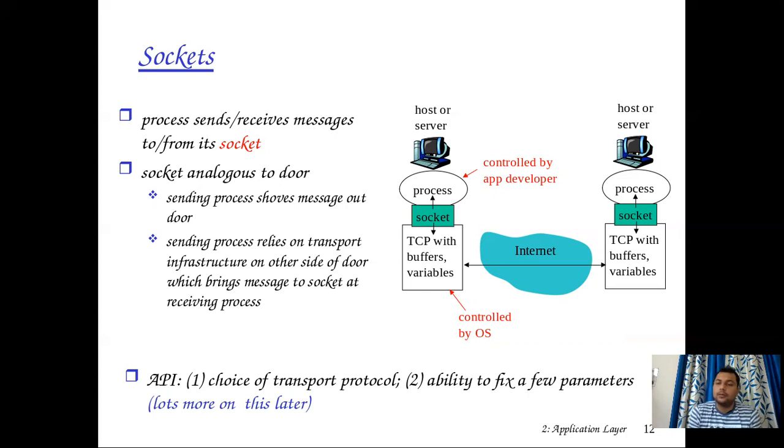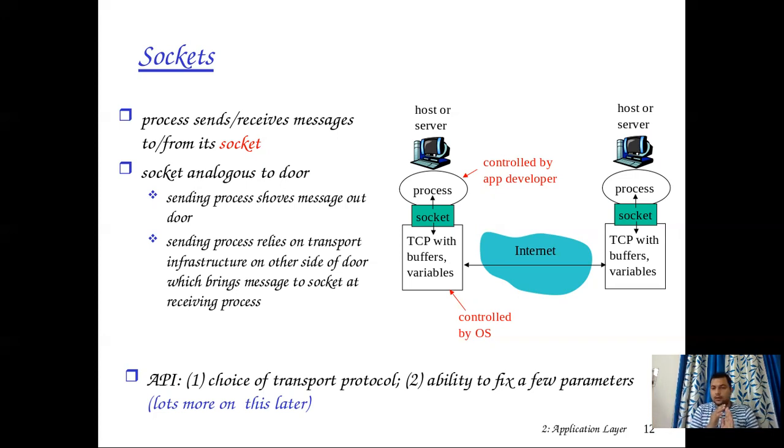You can take an analogy. When you have to share a message from one home to the next home, you will pass your information only from your door. Consider that there is an infrastructure running next after your door, which will take care of all the operations that lead to the delivery of your message to the other door.